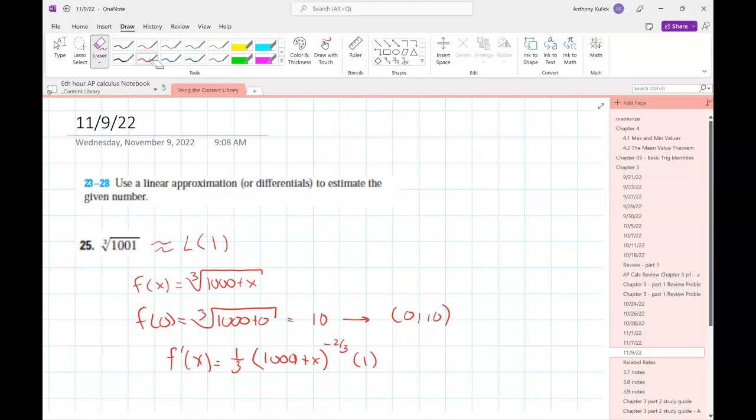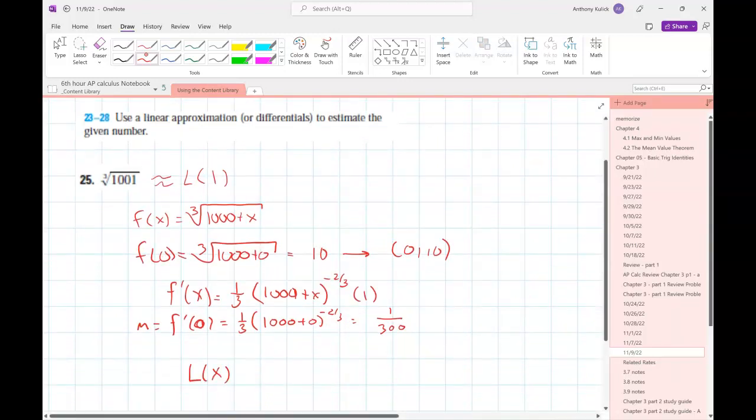Actually, we'll say m then is the derivative at 0. Let's see, 1,000 plus 0 is 1,000. Cube root of 1,000 is 10. 10 to the negative 2 is 1 over 100, so that becomes 1 over 300.